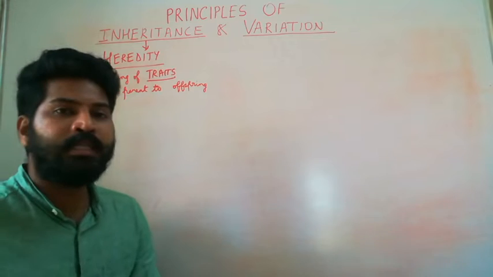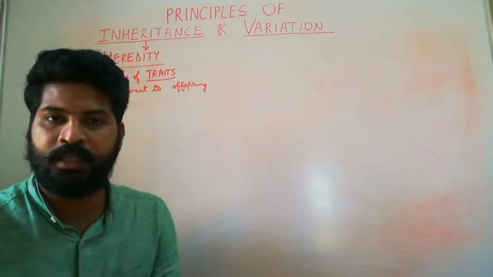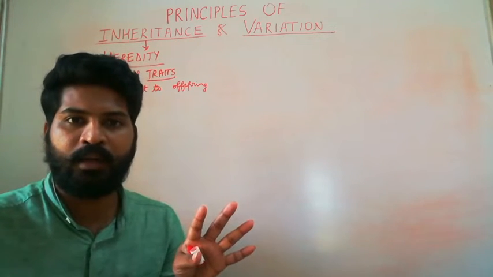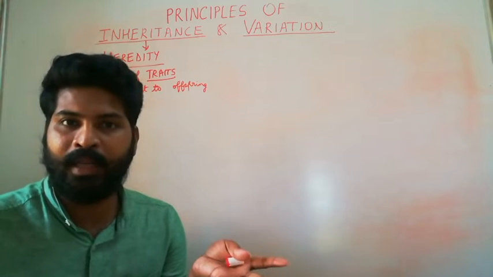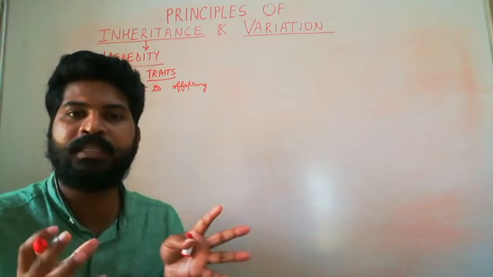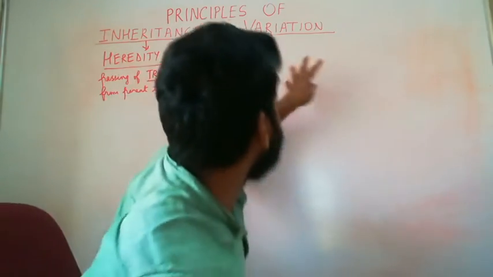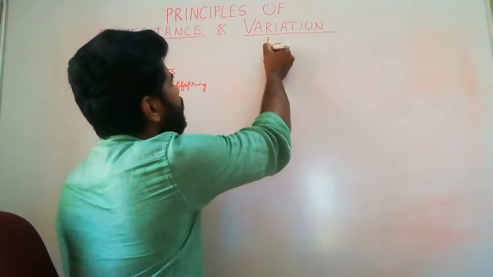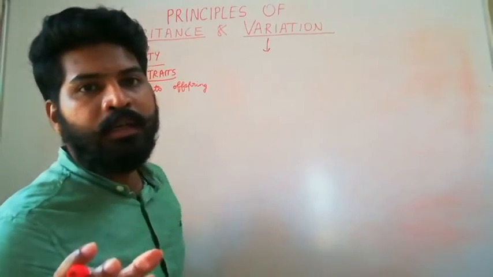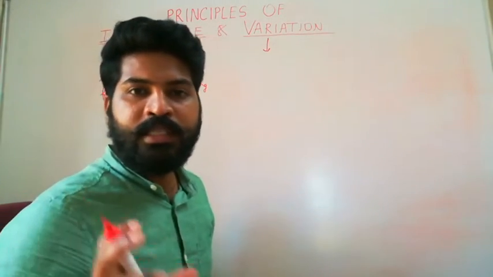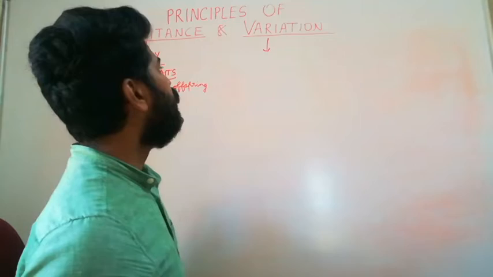And of course, in sexually reproducing organisms, the parent and offspring are not exactly replica copies. They have certain similarities. Of course, they have their differences. Variation is nothing but the degree of change between the parent and the offspring.